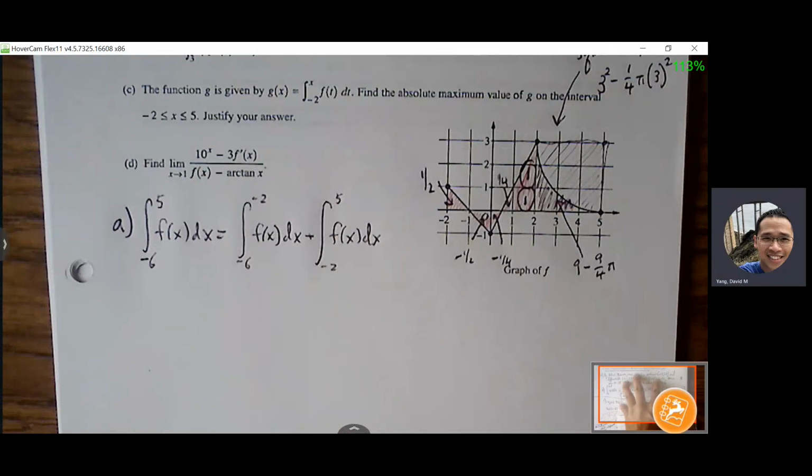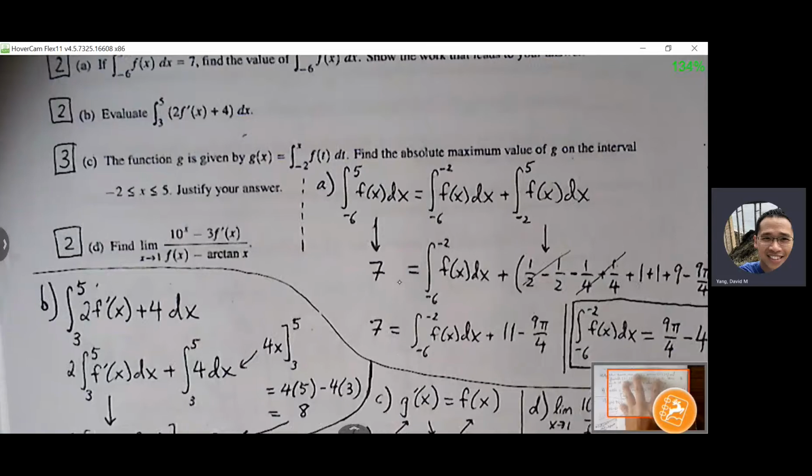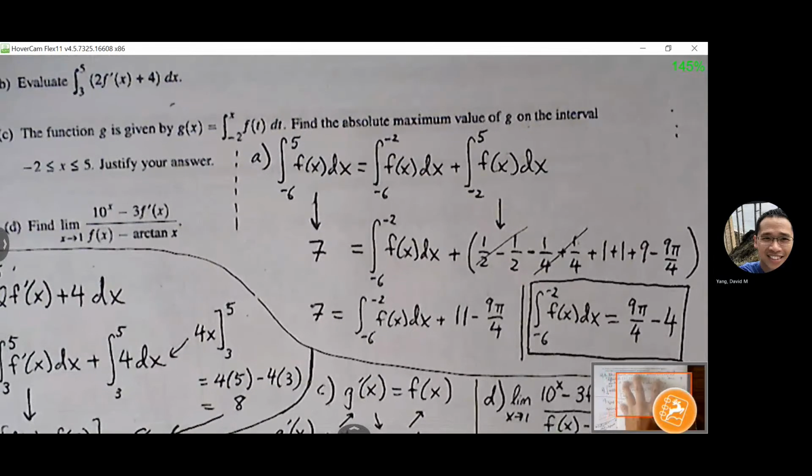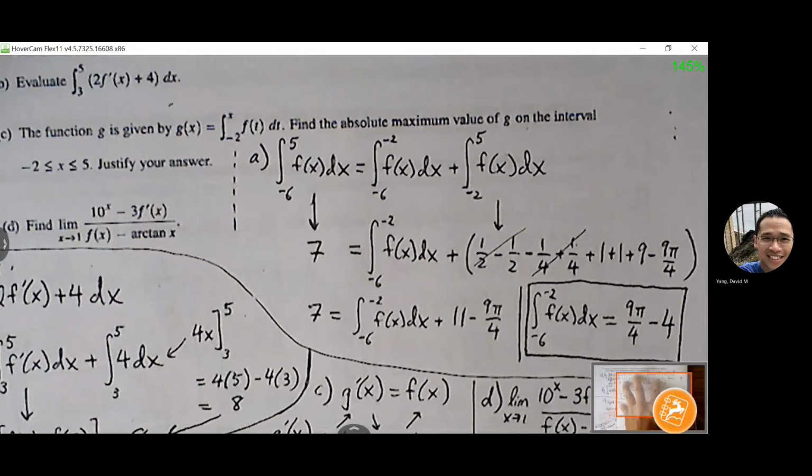Let me show you my work for that. So this is the result of me adding all those individual geometric shapes that I have. The portions above and below the x-axis cancel each other out nicely: the 1/2, the -1/2, the 1/4, -1/4.